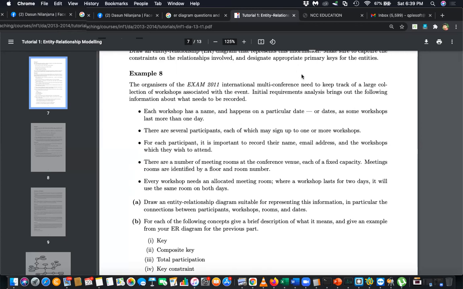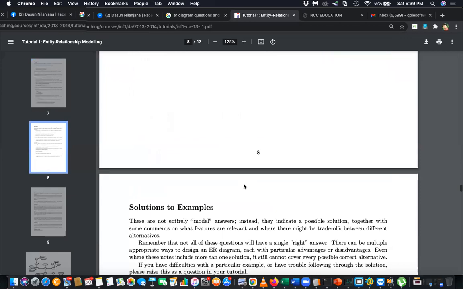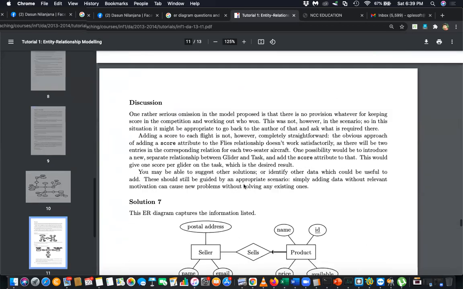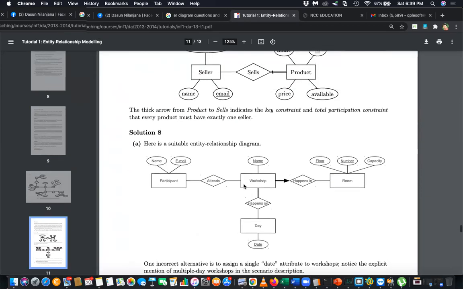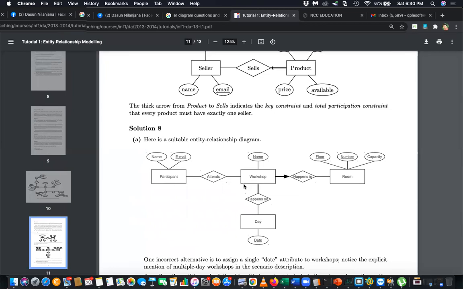And I think for the exam question, you have to do this by focusing well, right? So let's discuss this one also. Question 8. See whether you created all these entities. Entities are anyway given. Participant is an entity. Participant has name and email. Participant attends workshop.